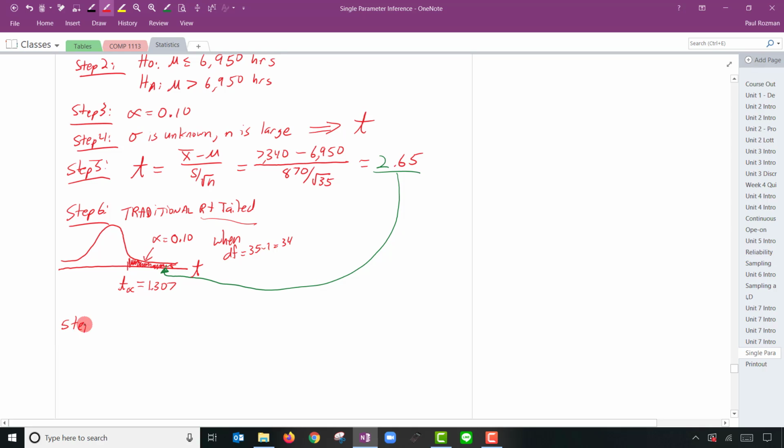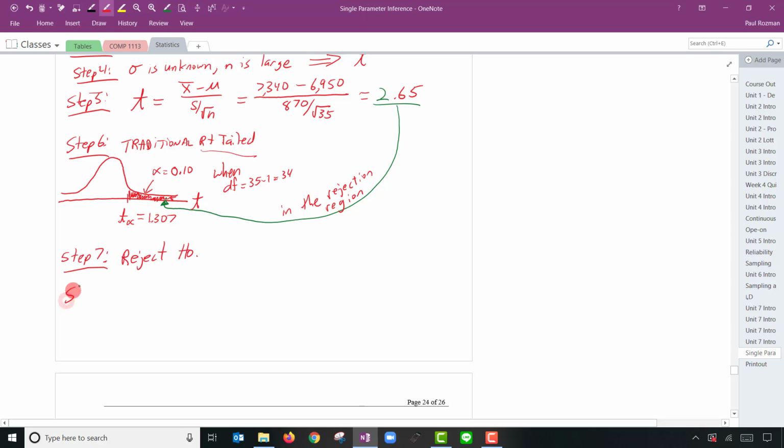Step 7. Our test statistic is in the rejection region. So our conclusion will be reject null hypothesis. You see how we're getting faster at doing these now?